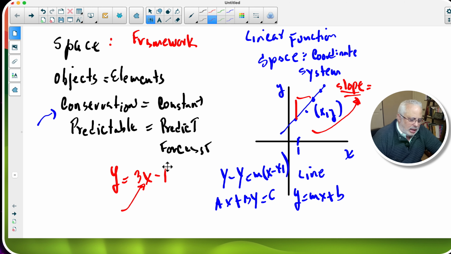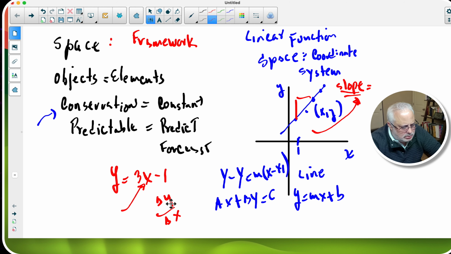Of course, it is delta y over delta x, but that produces a number, it's a fraction. And the number has a very fundamental property: it conserves its value by itself, the identity.